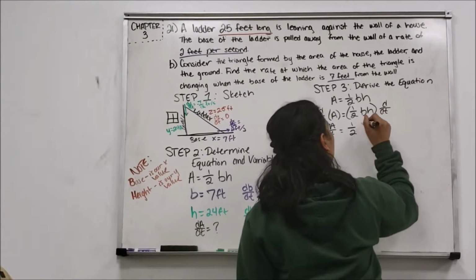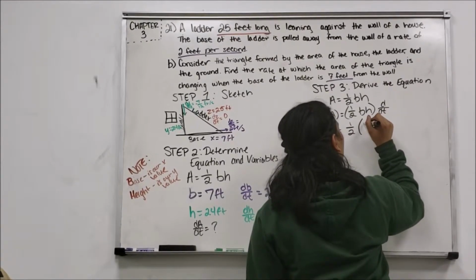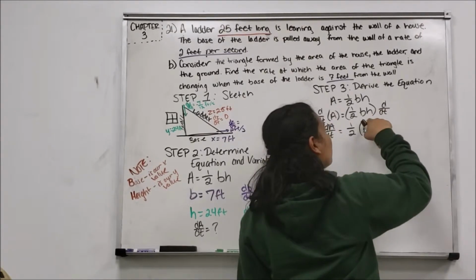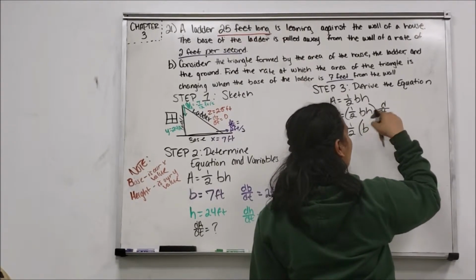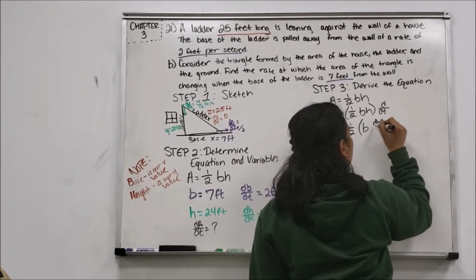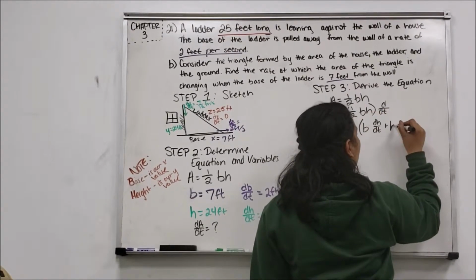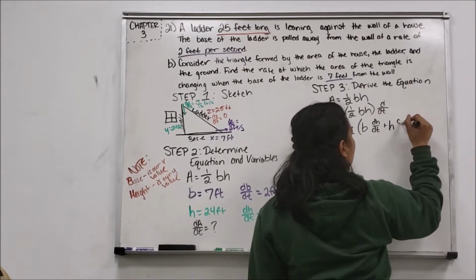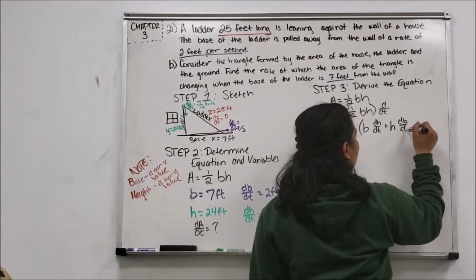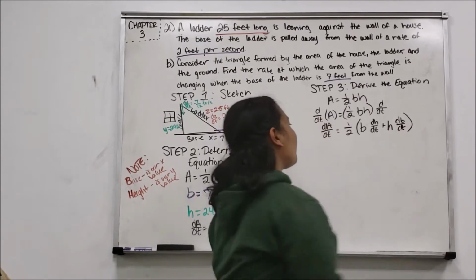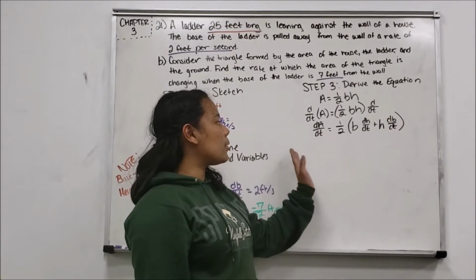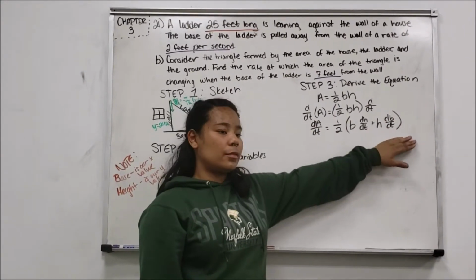So we get our base times the derivative of the other one, which is dH dt, plus, we keep this one the same, times the derivative of b, which is dB dt. Okay, so this is now our derivative.